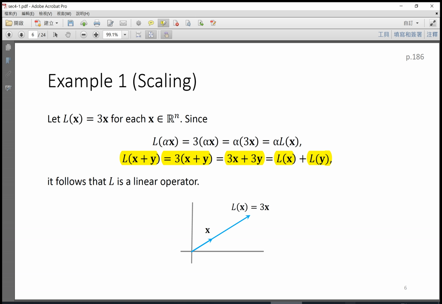Since L satisfies both the homogeneity and the additivity property, it follows that L is a linear transformation. Note that L is also a linear operator since it maps Rn into Rn.